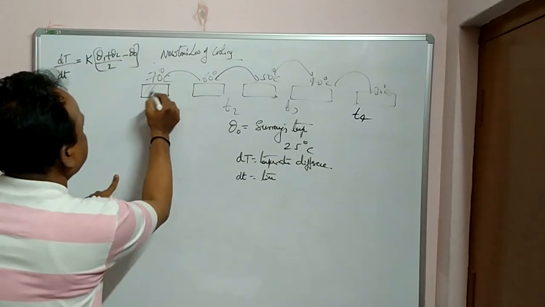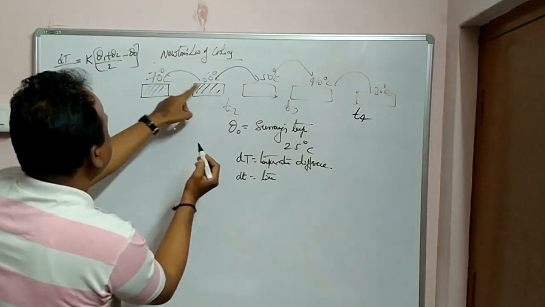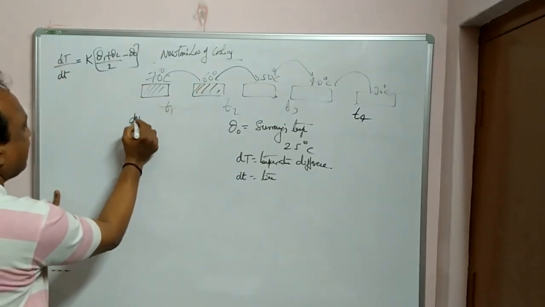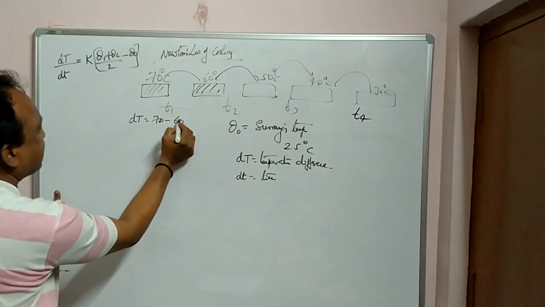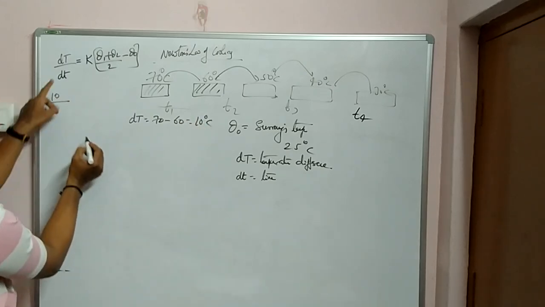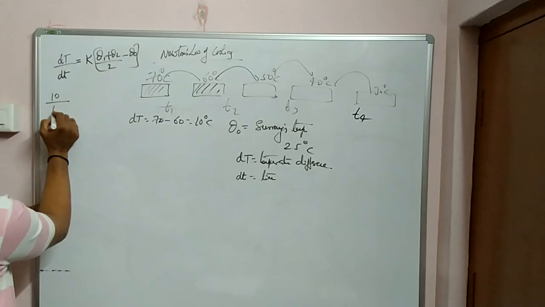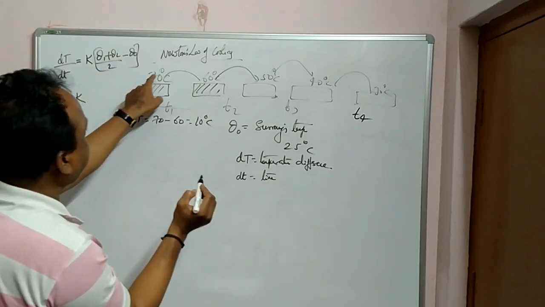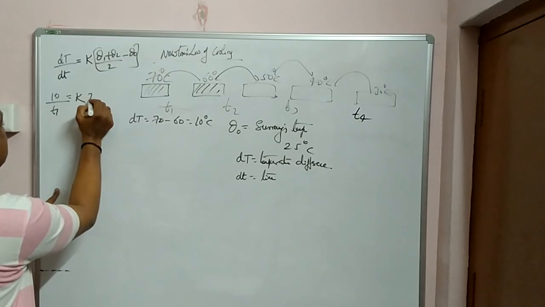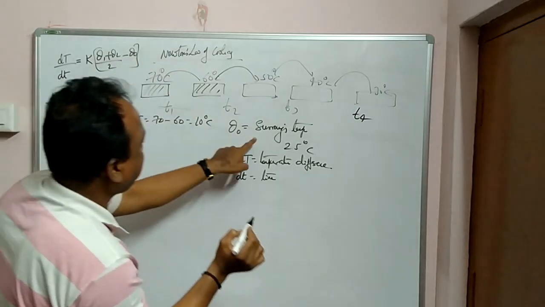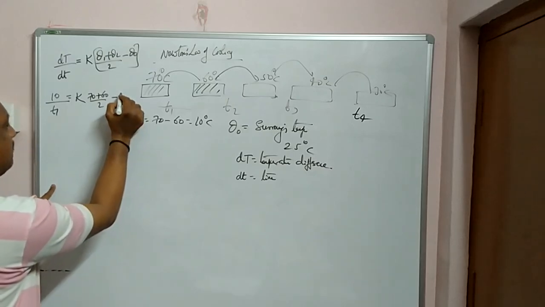Here, from 70 to 60, it is falling. What is dθ here? 70 minus 60, how much? 10 degrees centigrade. So 10 by dt, what is the time? 10 by T1 is equal to k into (70 plus 60) by 2 minus the surrounding temperature, given, take it as 25.